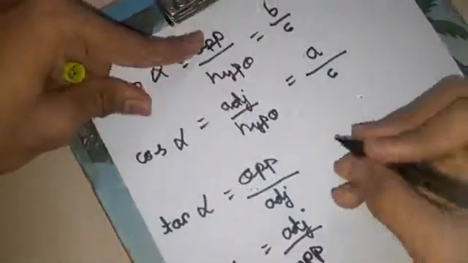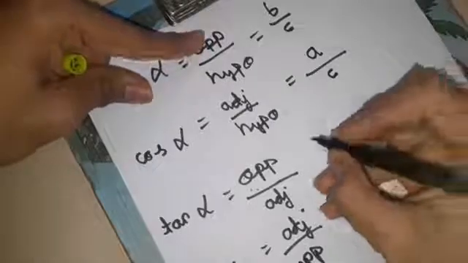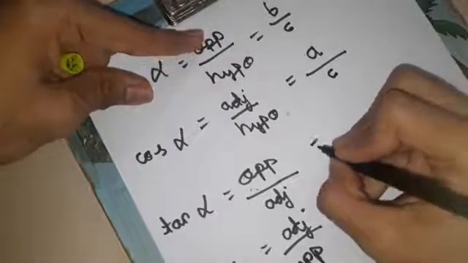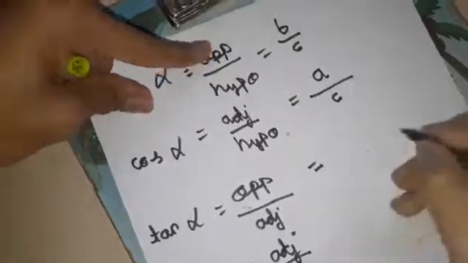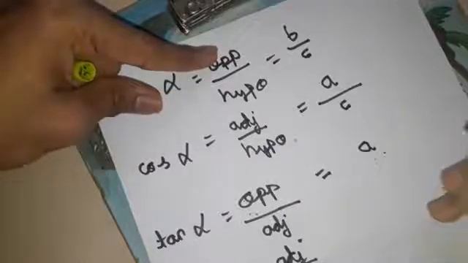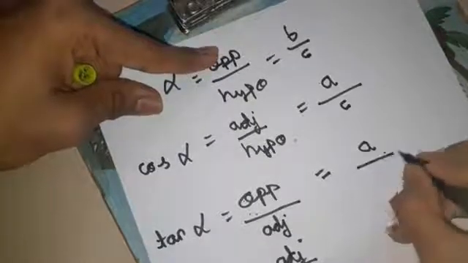For the tangent ratio, tan alpha is opposite upon adjacent, so small b upon small a.